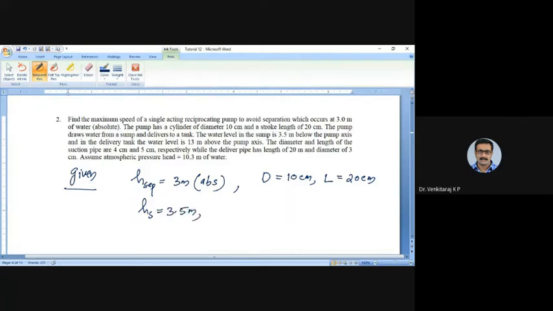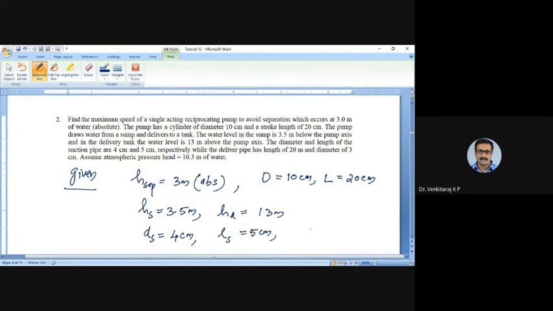Then the delivery tank water level is 13 meter above the pump axis. That means the distance between the water level in the delivery tank and the pump axis, that is delivery head, the height of the water surface above the pump axis, is 13 meter. The suction pipe diameter is 4 centimeter and length of the suction pipe is 5 centimeter.